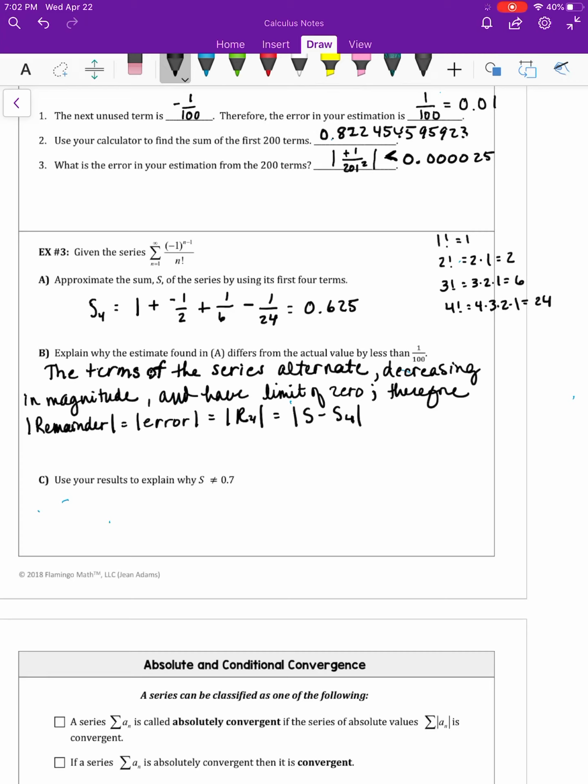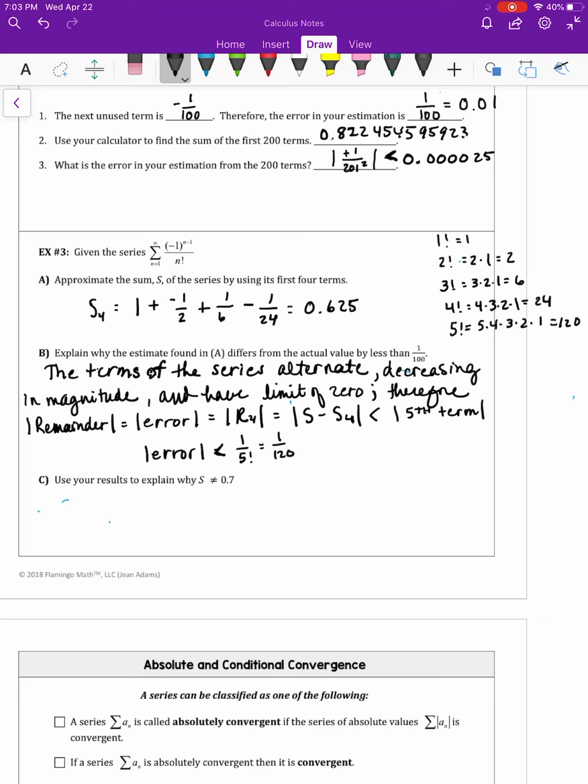Therefore, the absolute value of the remainder is the absolute value of the error, which is the absolute value of R sub 4, which is going to be the absolute value of S minus S sub 4, which is less than the absolute value of the 5th term.